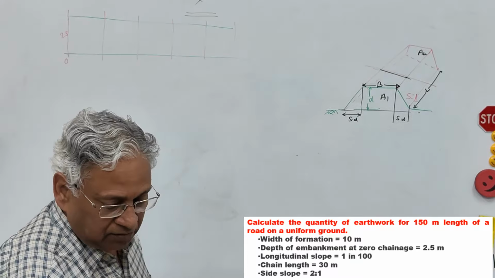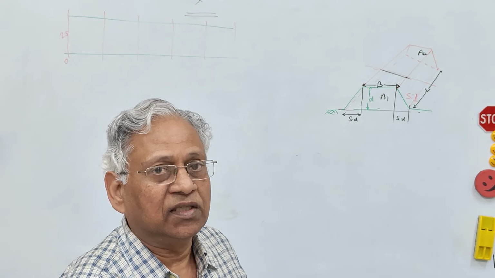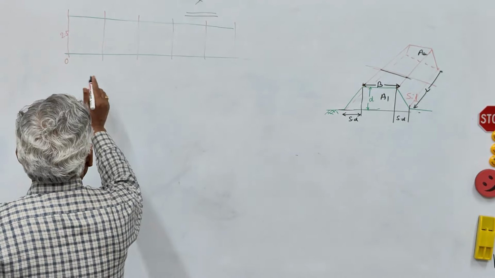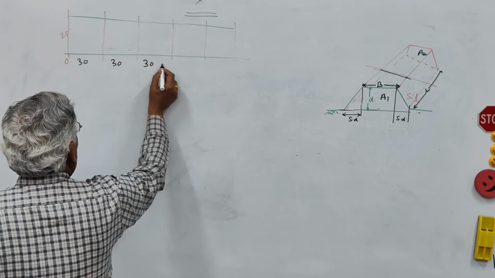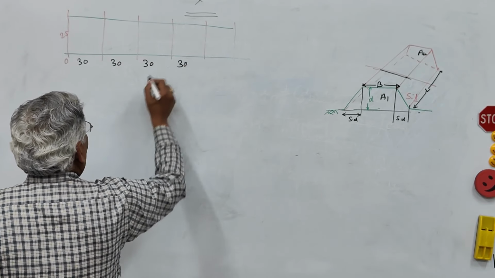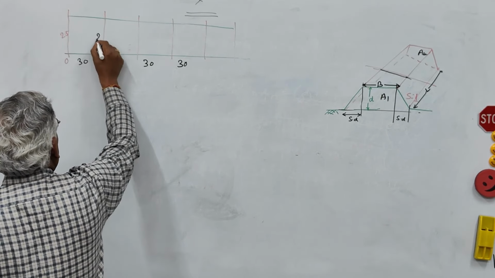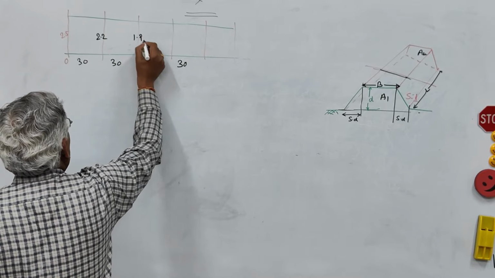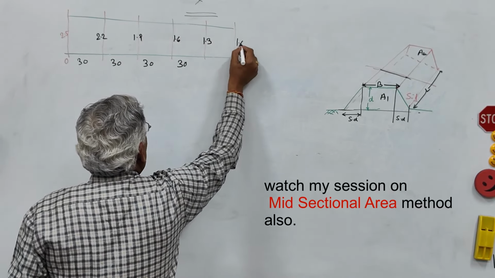Because the slope in the longitudinal direction is 1 in 100, for every 30 meter there will be a drop of 0.3 meter. So if this is 2.5 depth, it will be 2.2, 1.9, 1.6 meter, 1.3 meter, 1.0 meter.